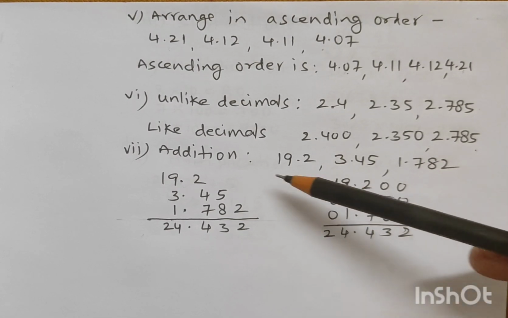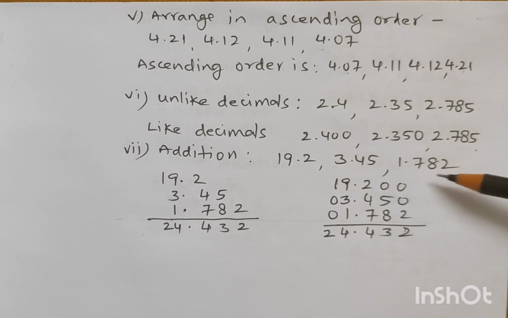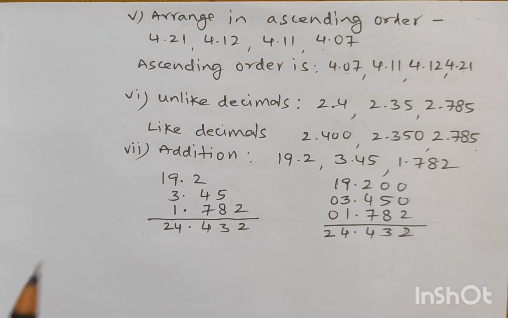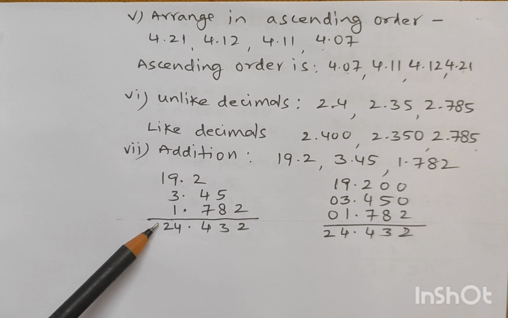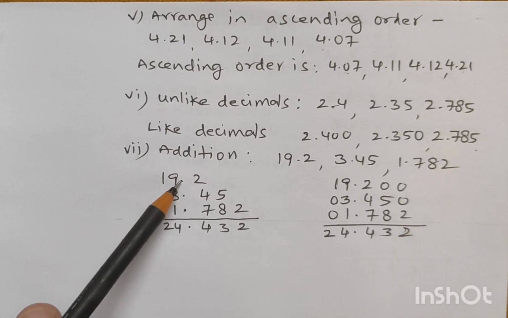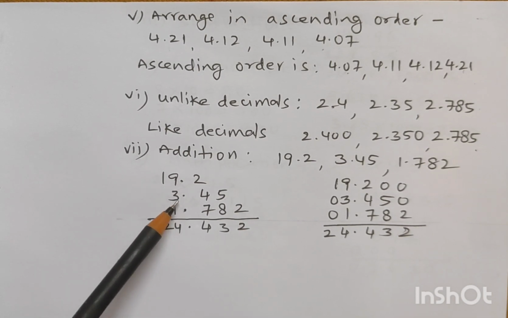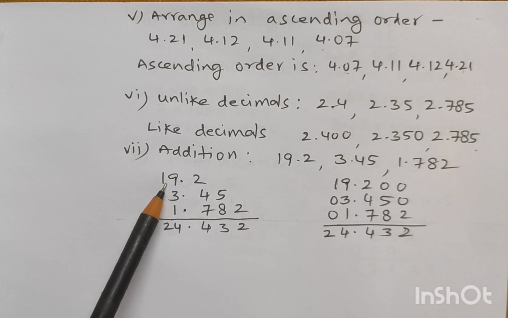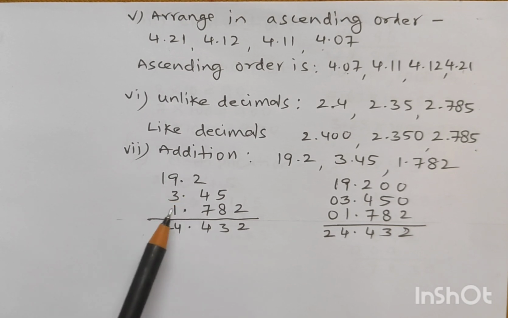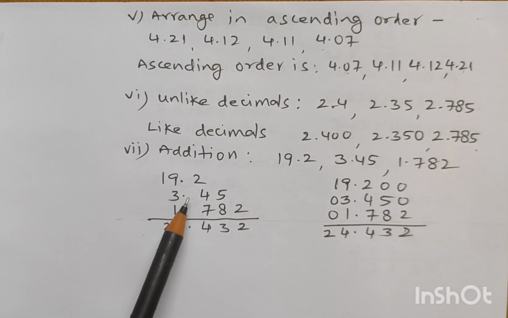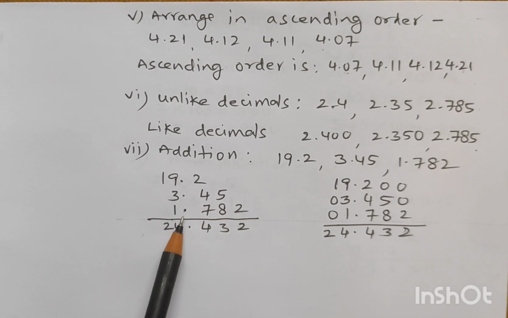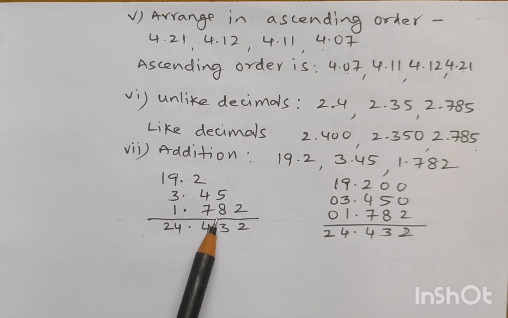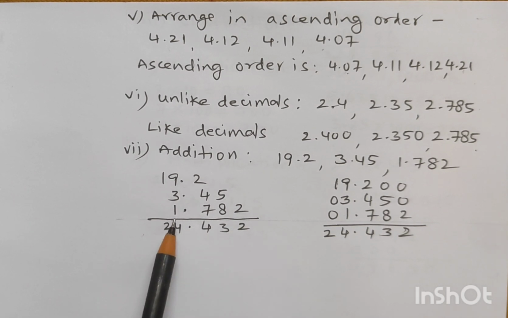Now addition of decimals, 3 numbers are here. We can write them in this way, just have a look. Decimals should be in the same line. Once we have put 19.2, then put the decimal over here, write 4, 5 and the integral part here. Point here 7, 8 and the integral part here.